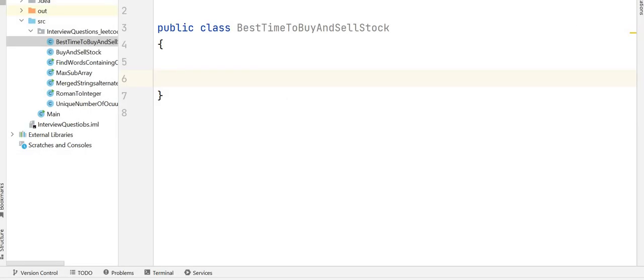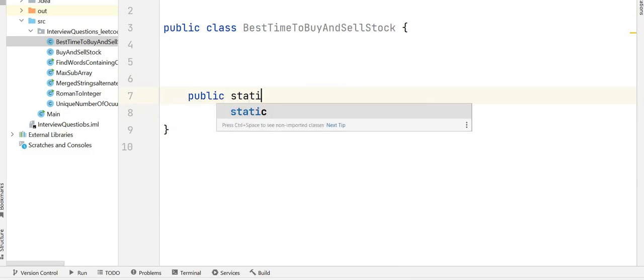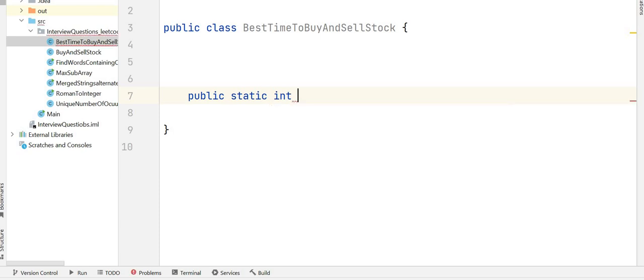So this is our class, that is BestTimeToBuyAndSellStock. So let's write our method, that would be public static int, because it is going to return your maximum profit, and the input would be the prices array, right?